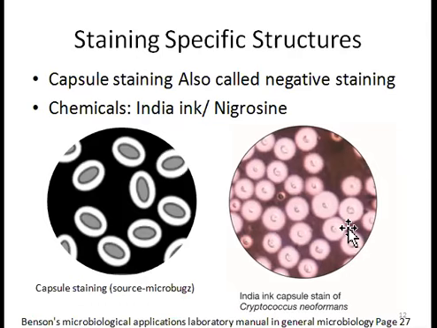Here you can also see in this picture some pink bacteria, and the light pink color shows the presence of capsule, and this inner small portion represents the bacterial cell. The light pink color represents the capsule, and this dark background shows the stain, and this is an example of negative staining.